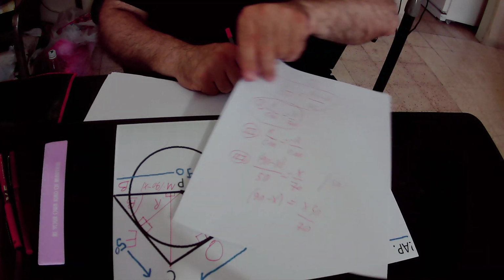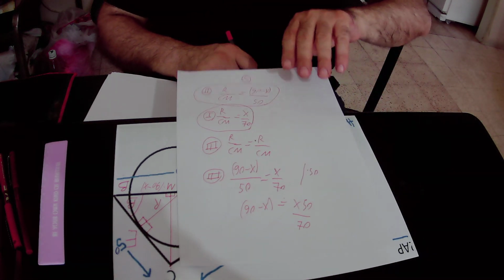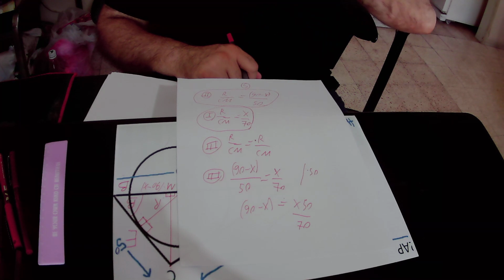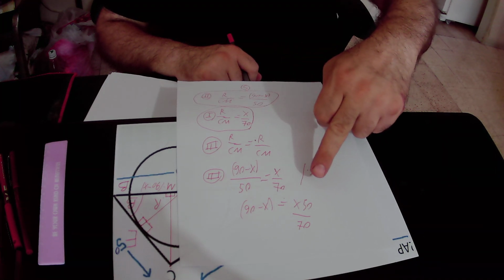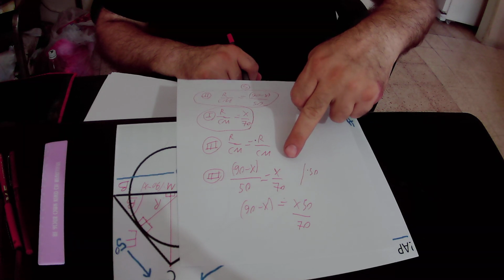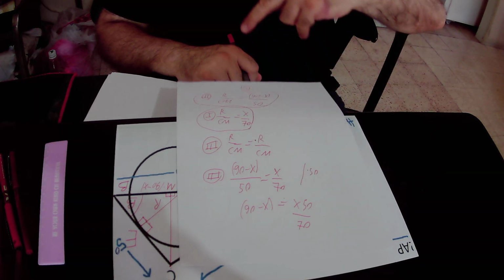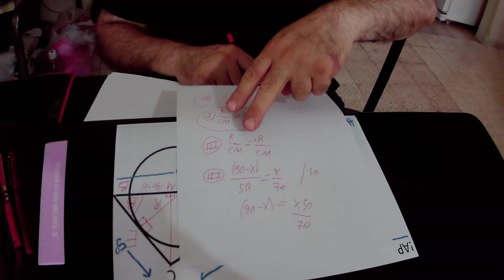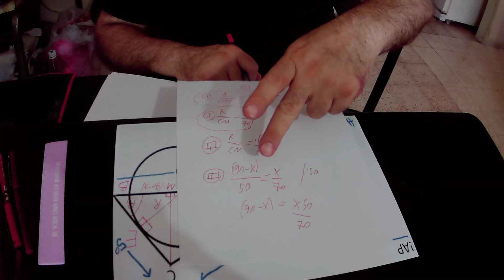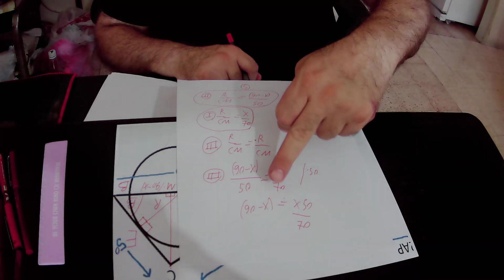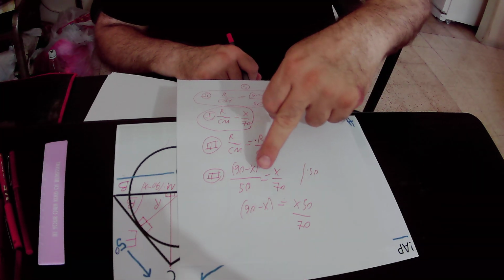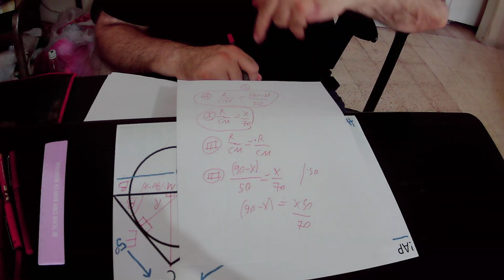Okay, we multiply both sides of the equation by 50, so x over 70 times 50 equals 50 times 6 over 70, and (90 minus 6) divided by 50 times 50 equals 90 minus 6, since 50 divided by 50 equals 1.